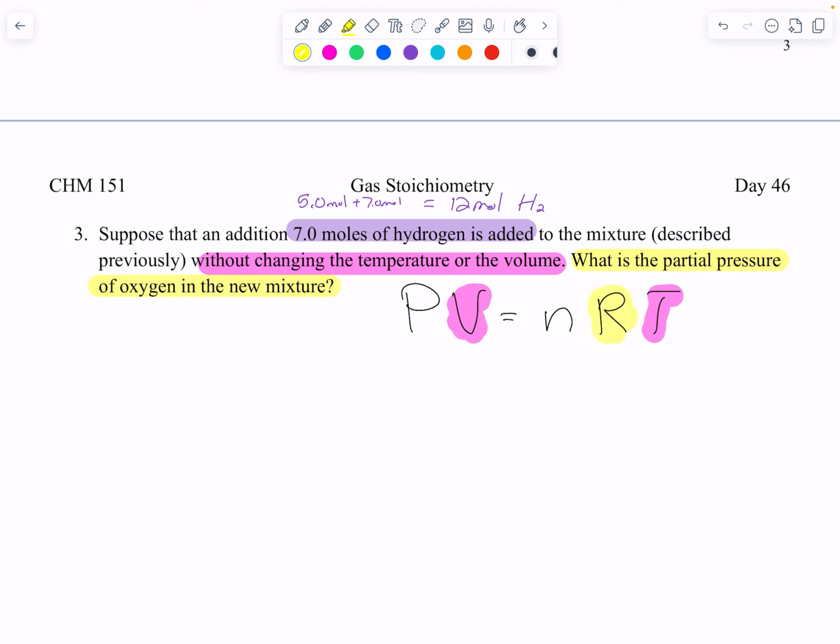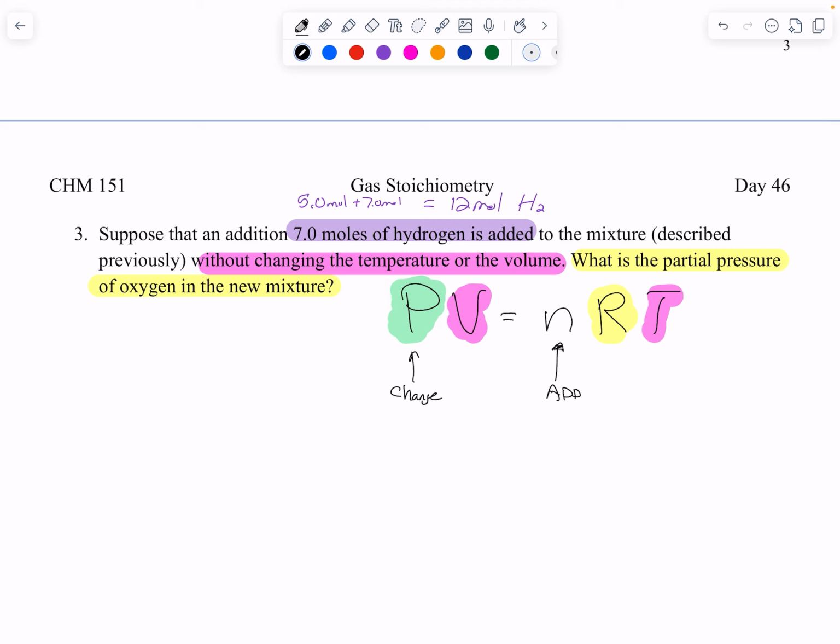And so if we look at this, we are definitely changing n, aren't we? We're adding 7 more moles, which means what has to change? P has to change, right? So this has to change. Hopefully that makes sense to you.